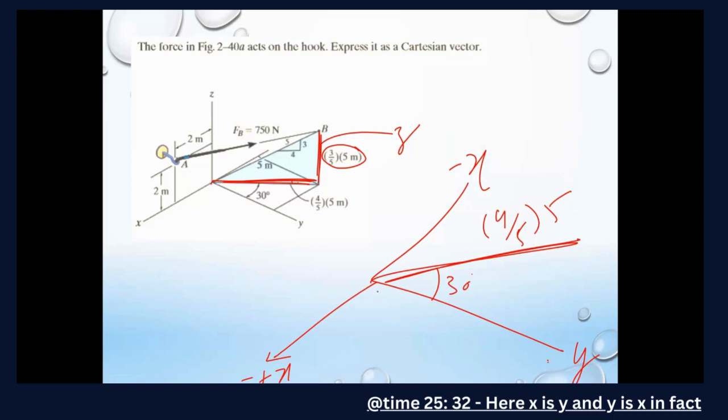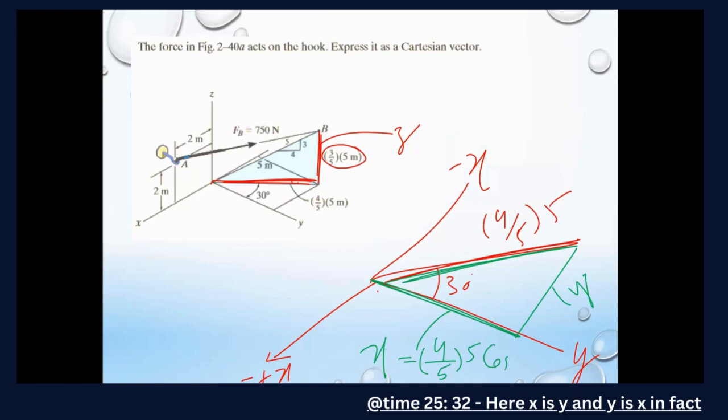I will solve another triangle. I will make this triangle. This is for x, right? And this is for y. So what should I write for x? 4 over 5 times 5, this is the hypotenuse value, into cos 30 or sin 30 for x? Cosine theta.